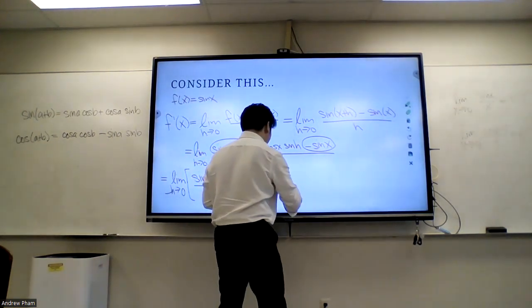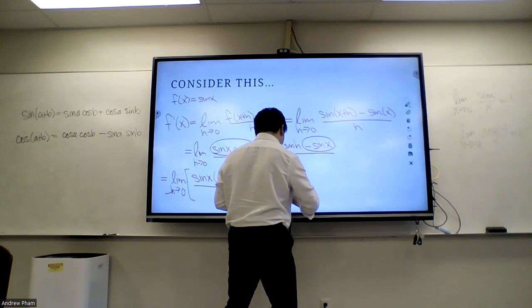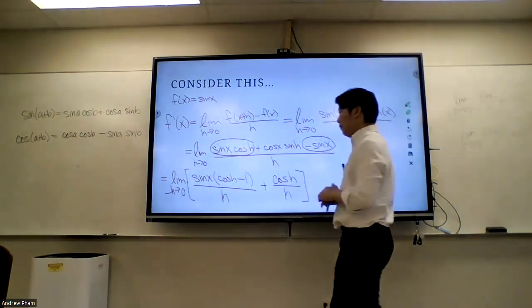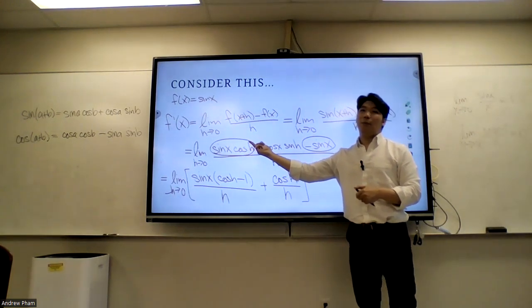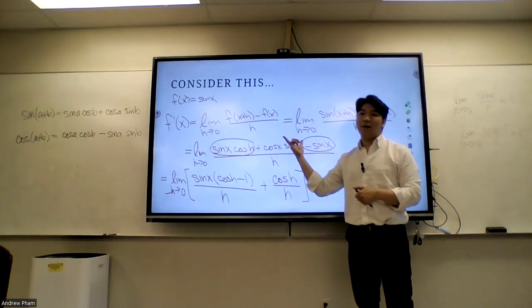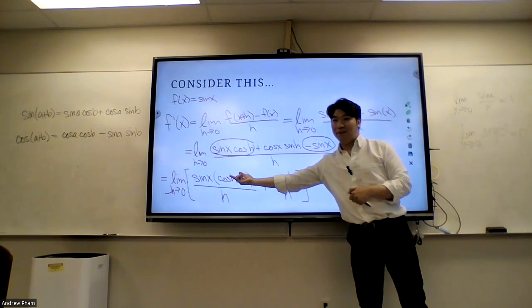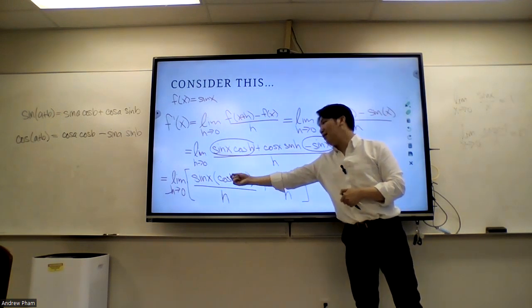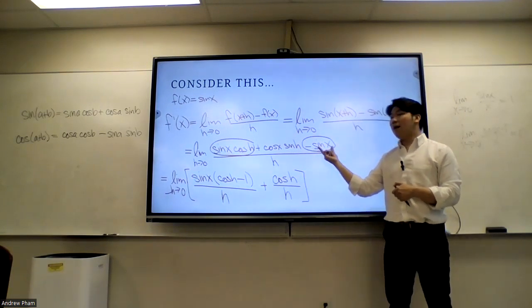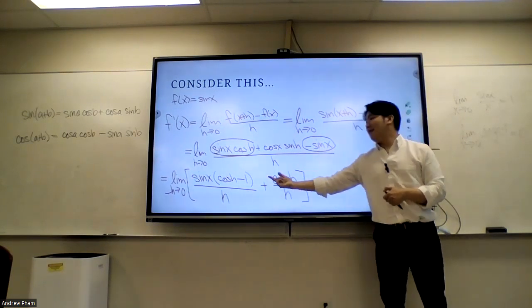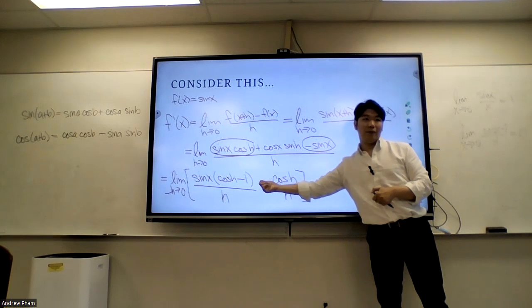Plus cosine of h all over h. So again, I took these two things I circled. They both have a sine of x, so I can factor out a sine of x from them. If I take sine of x out from here, I'm left with cosine of h. If I take a sine of x out from here, I'm left with a negative 1.